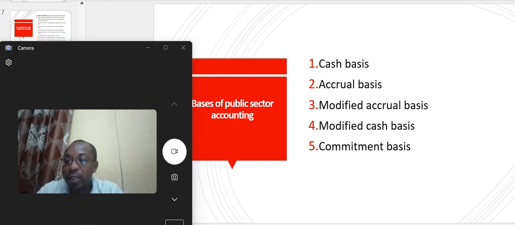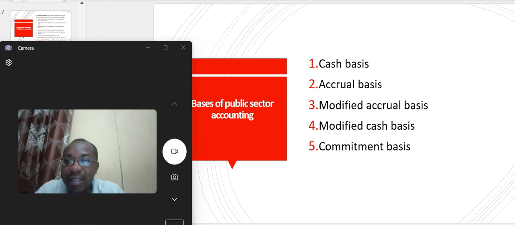You want to make a purchase and an LPO is raised. The purchase has not been effected, the invoice has not even been raised. Once the LPO is raised, stating that we are going to purchase certain things, it is recognized in the books of account. We call it commitment basis of accounting.